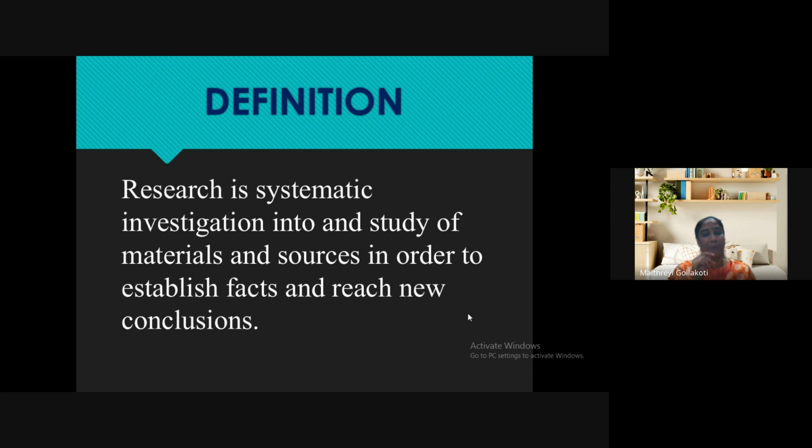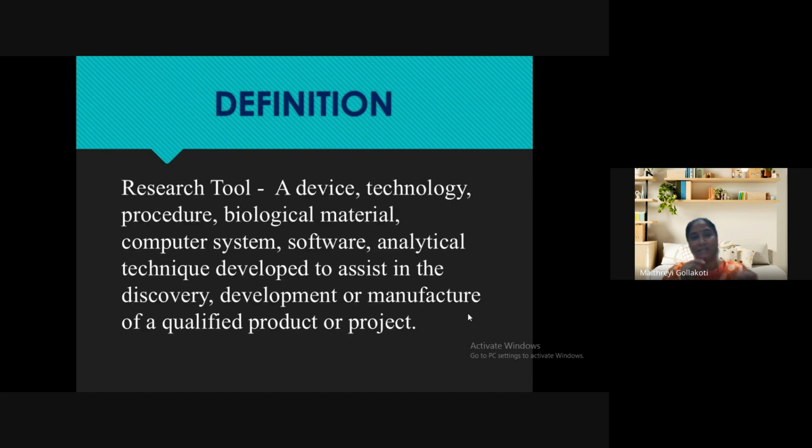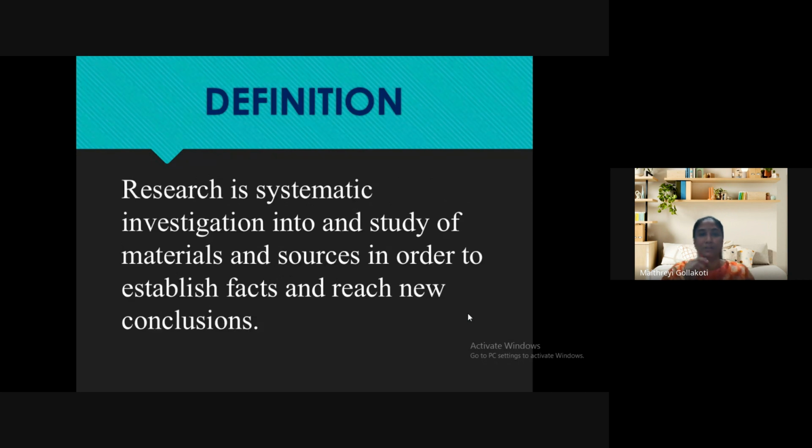We try to experiment and then we compare results. We do literary survey. Finally, we arrive at conclusions and we take the qualitative and quantitative data and finally we reach new conclusions. So that is the process research usually follows. So it is a systematic investigation. Everything follows according to the procedure.